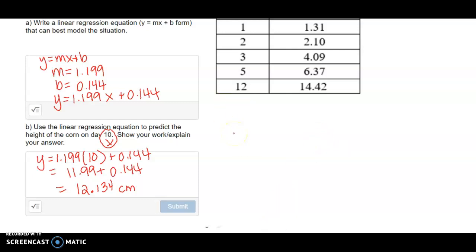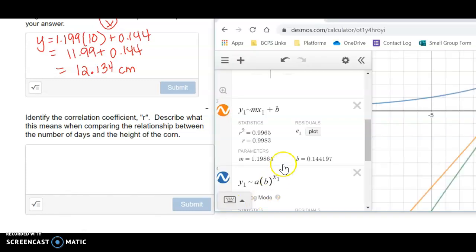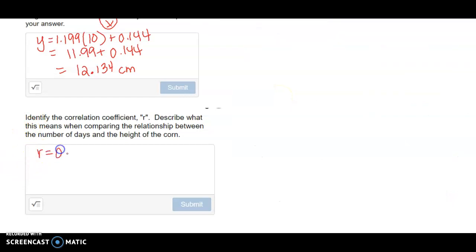Okay, the last portion that we need to do for this is look at our R value, our correlation coefficient. And just a reminder, your R value, the closer it gets to 1, the stronger it is. So we want a number that's pretty close to 1, which if we're looking at our R value here, 0.9983, that is very close to 1, which means there is a strong correlation.